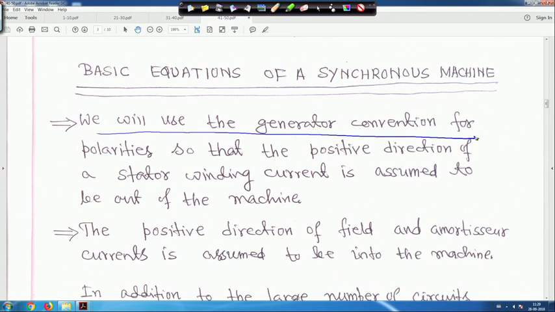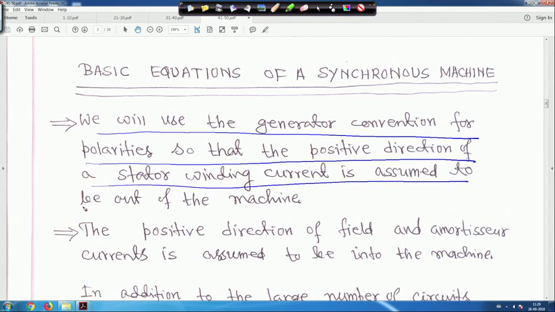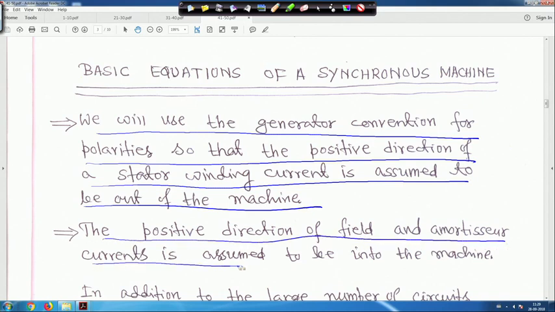Therefore, the positive direction of the field and armature currents is assumed to be into the machine, that is your figure 9. I am not going through the diagram, but when you listen to the video, just open the diagram.